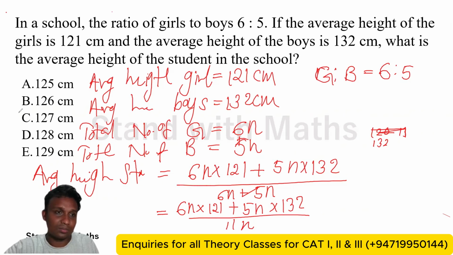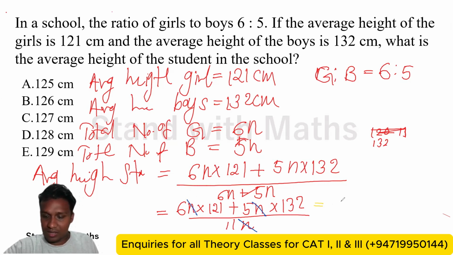So you can cancel the n in the denominator and the n in the other part. After that we can write again like this.